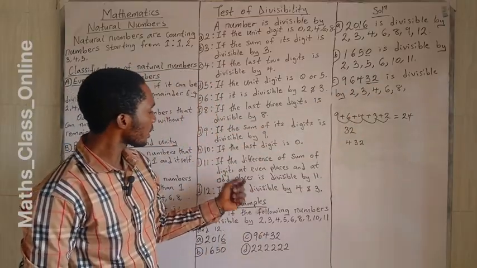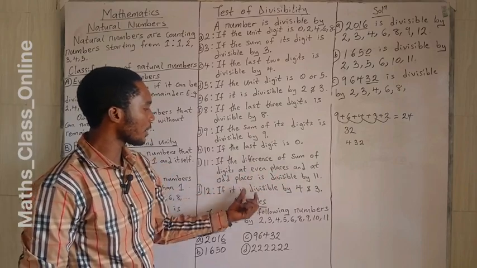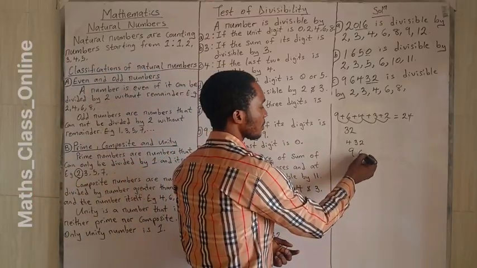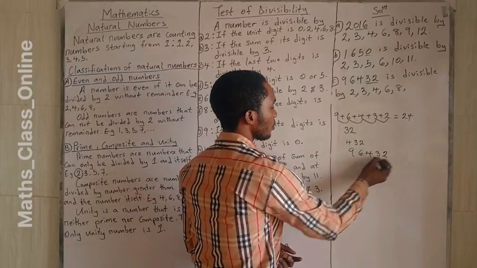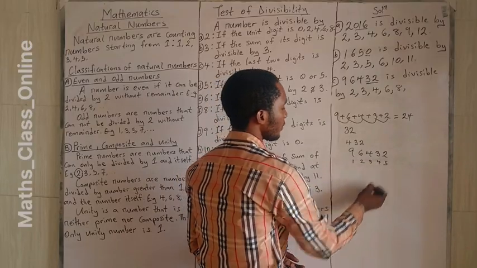11. Find the difference. If the difference of the sum of the digits at even places and at odd places is divisible by 11, we have 9, 6, 4, 3, 2. First digit, second digit, third, fourth, and fifth.